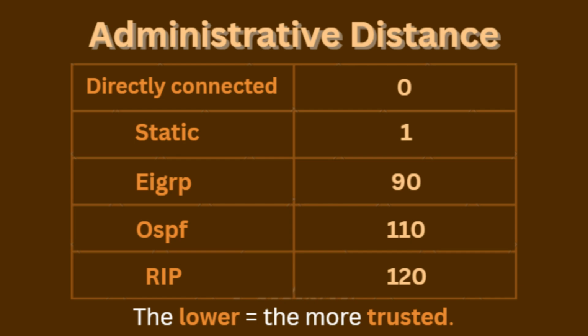Directly connected routes have an AD of 0, the most reliable. Static routes are 1, which makes them heavily preferred. Dynamic protocols vary. EIGRP is 90, OSPF is 110, and RIP is 120. It's important to know these values because they tell you which route your router would choose if there are multiple paths available.